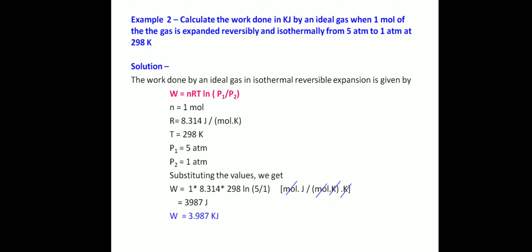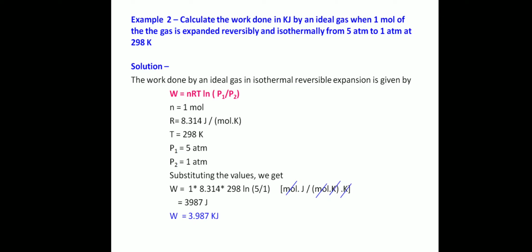as 3987 joules. Here you can observe why the value of R is 8.314 joules per mole K: because in the example n is in terms of mole, R is also in terms of joules per mole K. Temperature is given in terms of K and 1 mole is there.